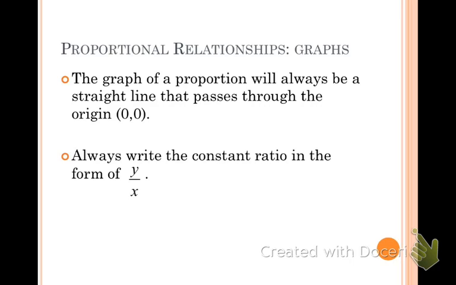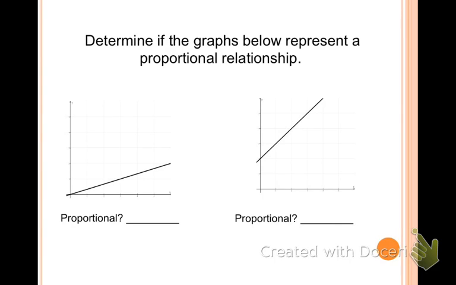Okay. The graph of a proportional relationship will always be a straight line and always pass through the origin. And we're going to always write the constant ratio in the form of y to x. So determine if the graph represents a proportional relationship. In the first one, it's a straight line, and I also see that it passes right here through the origin at (0, 0), so I would say yes.